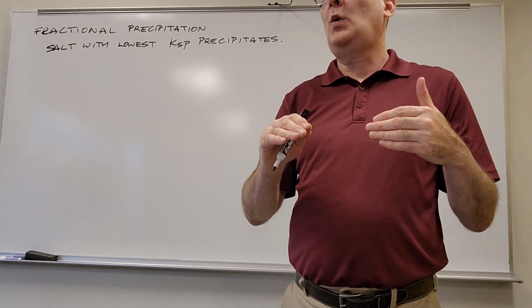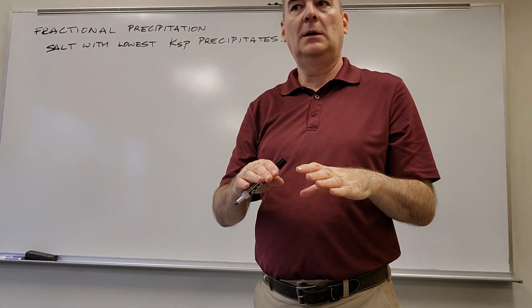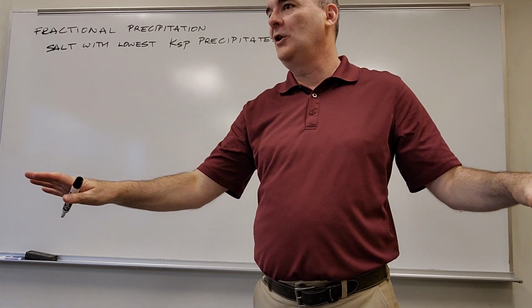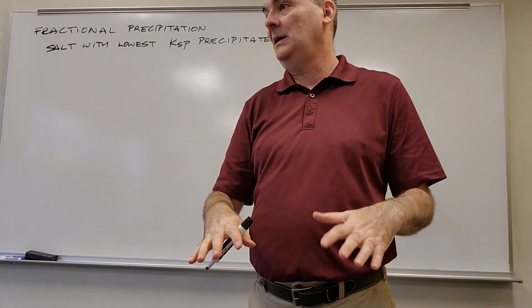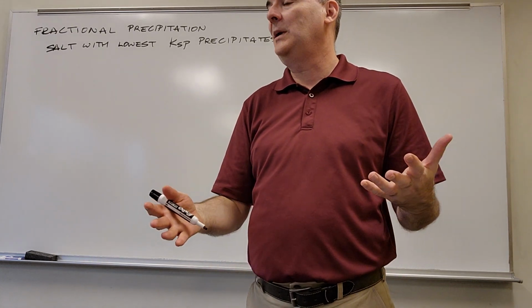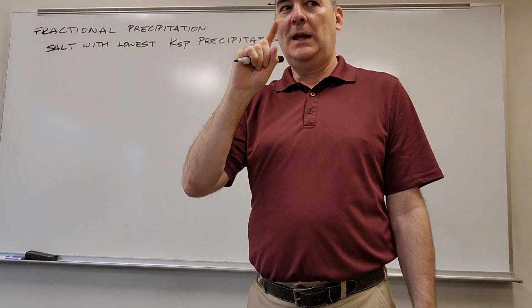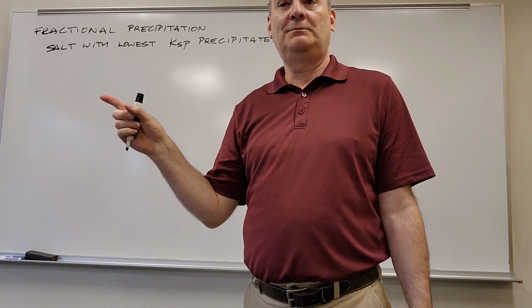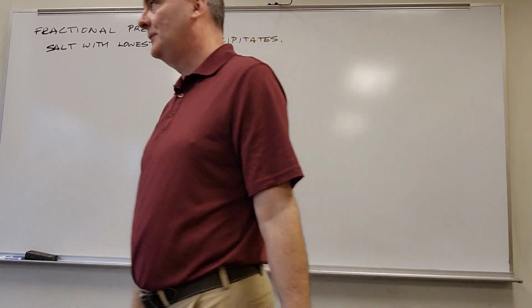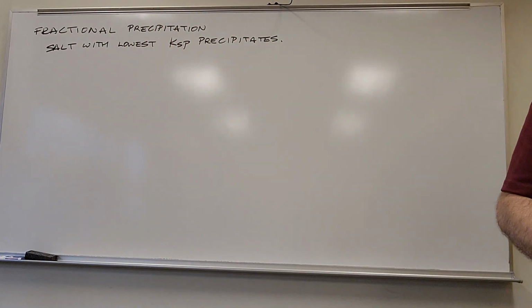So who are you helping and who are you hurting if you just make everything cold? If you made everything cold, then everything is less soluble than it would be at room temperature. So if we can warm it up a bit, you can make the really insoluble thing precipitate and leave the other stuff behind. We'll look at those tricks in lab when we get there next week.